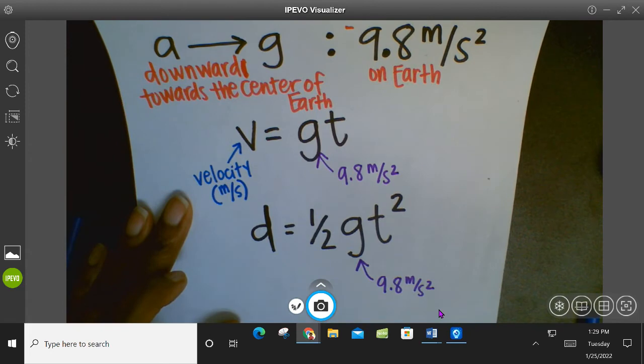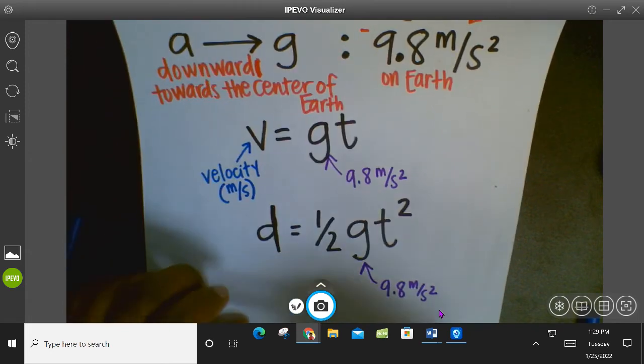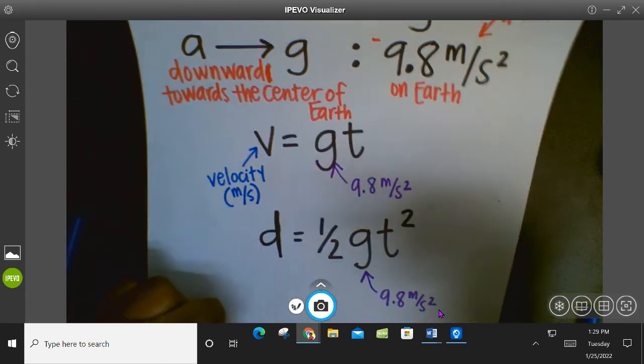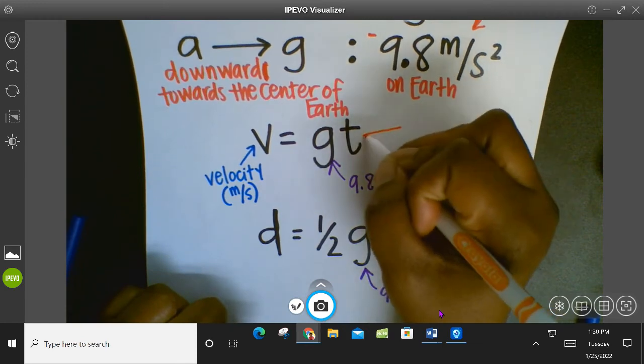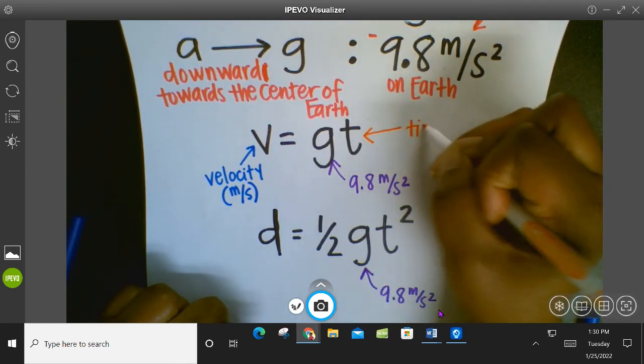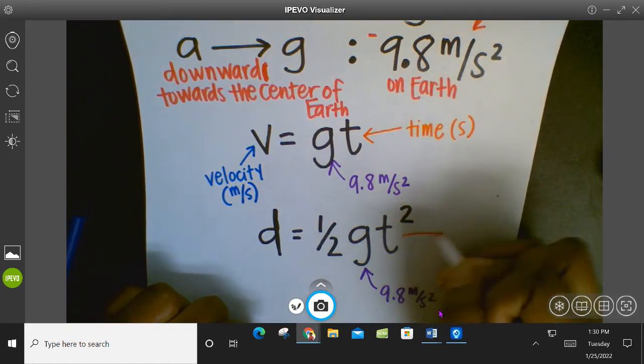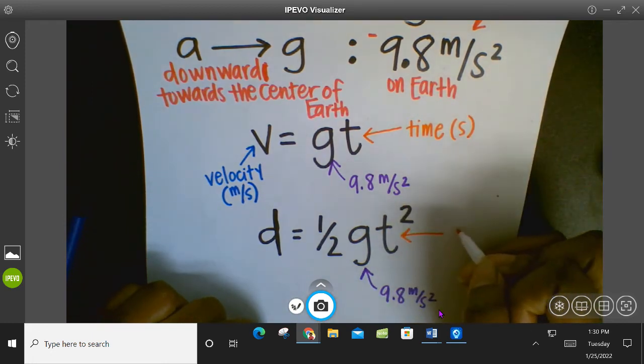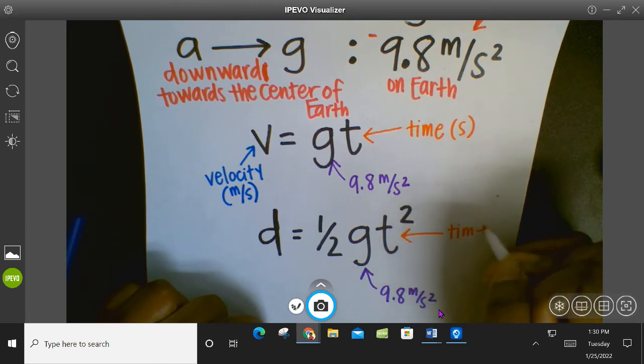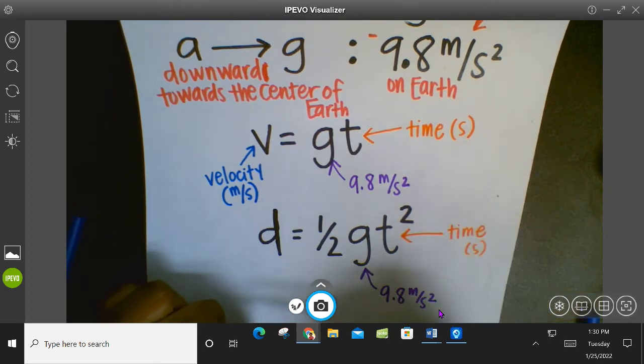All right, our next variable that we're going to identify is the t in the equation. t represents time. It's going to be in seconds. And here it is t squared, but it's still seconds.